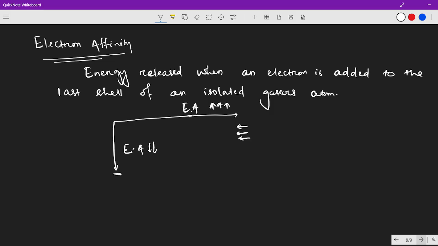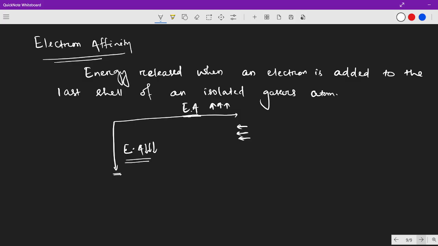Similarly, in this case, electrons cannot be added, so EA is less. You can understand it this way: electrons can be easily added, hence EA is more, and electrons cannot be easily added, hence EA is less. So on moving top to bottom, electron affinity decreases, and on moving left to right, electron affinity increases.